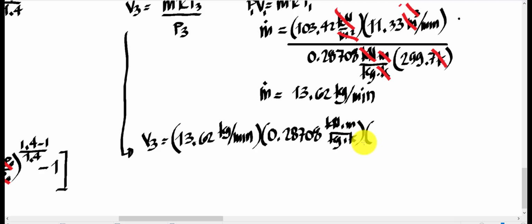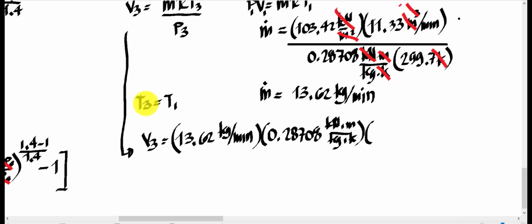So initially our T3, remembering that our T3 is equal to your T1, since the air is being cooled during the intercooling stage, to yung ano rin yung pumasok doon sa cylinder ng first stage.